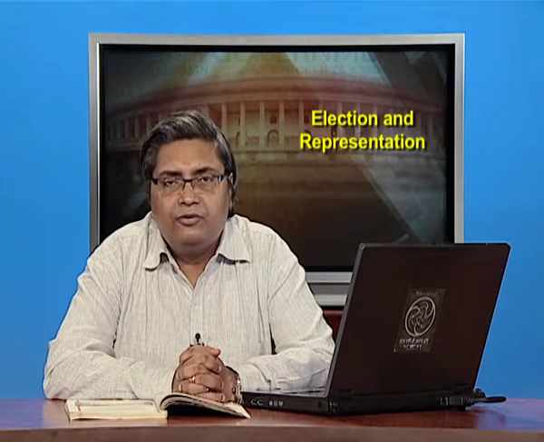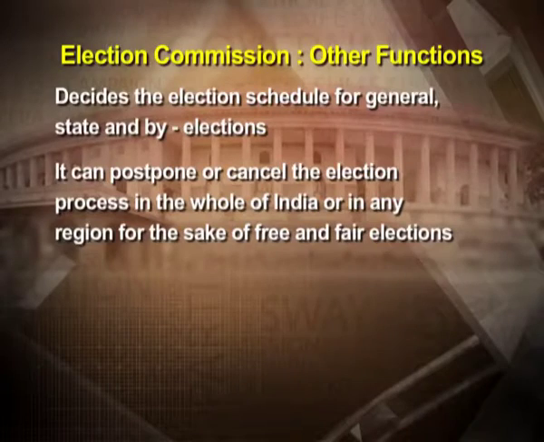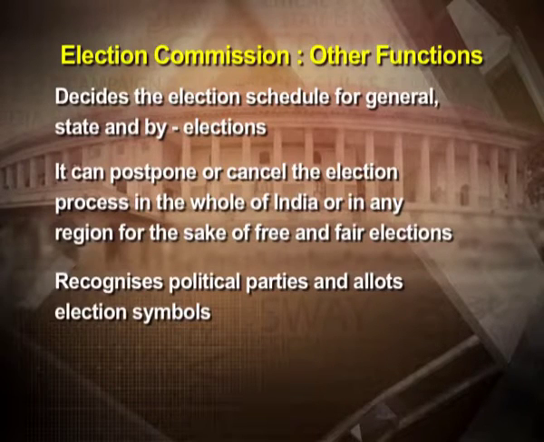Not only that, for the sake of free and fair elections, it can postpone or cancel the election process in either the whole of India or any part of India, any region of India. And not only that, the Election Commission recognizes the various political parties.